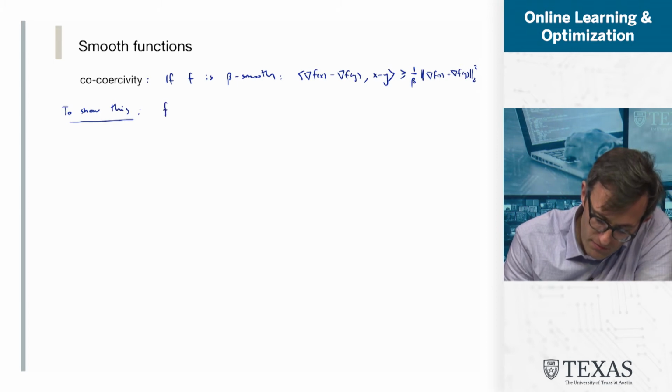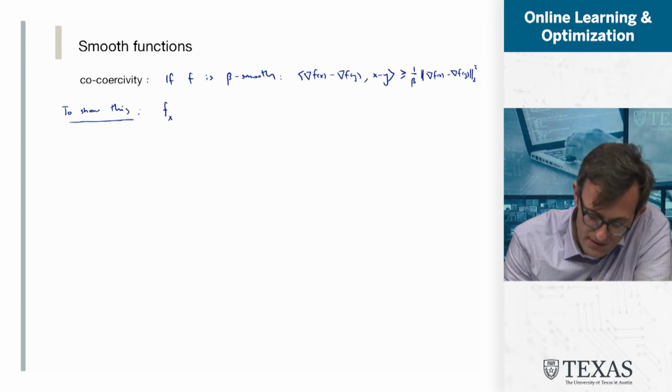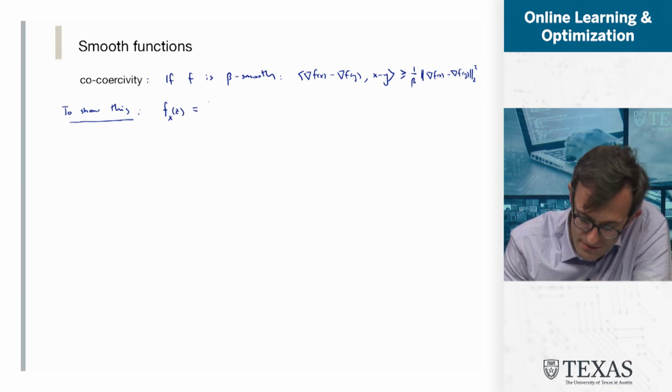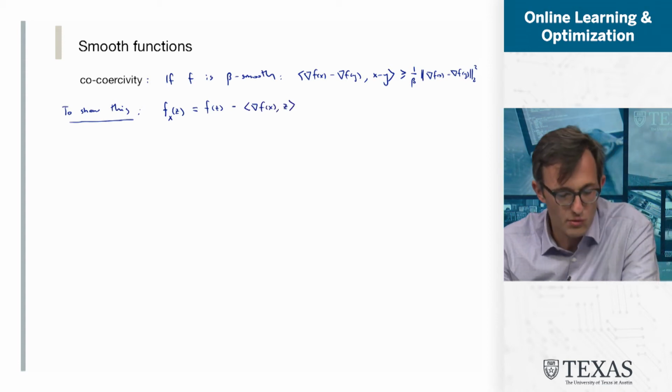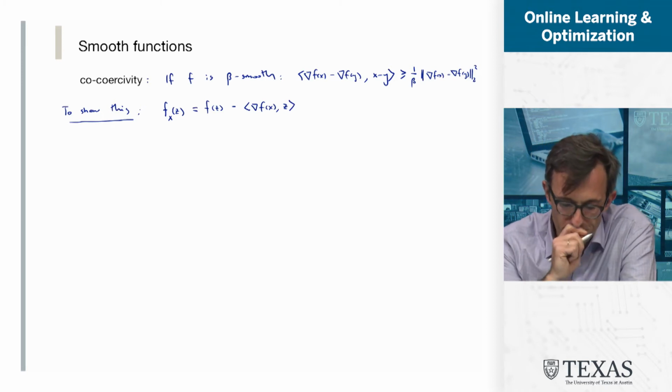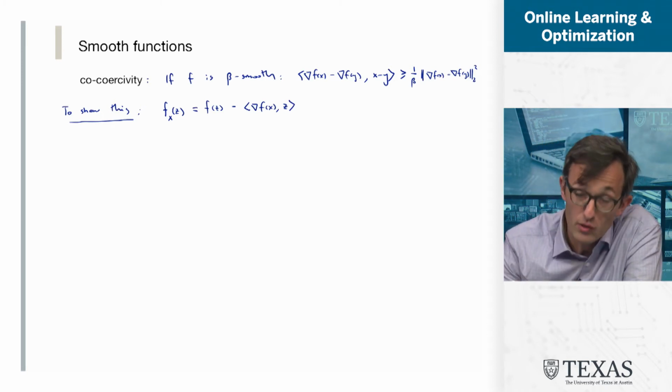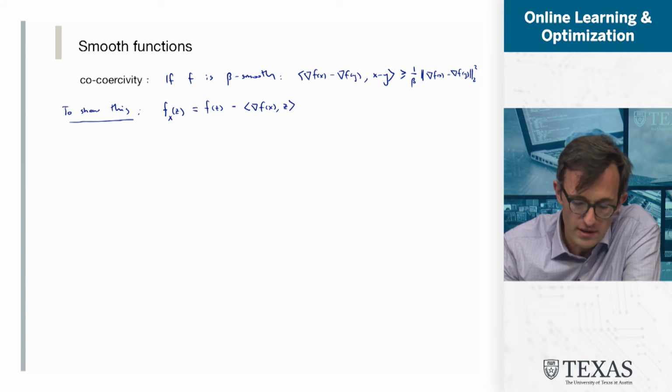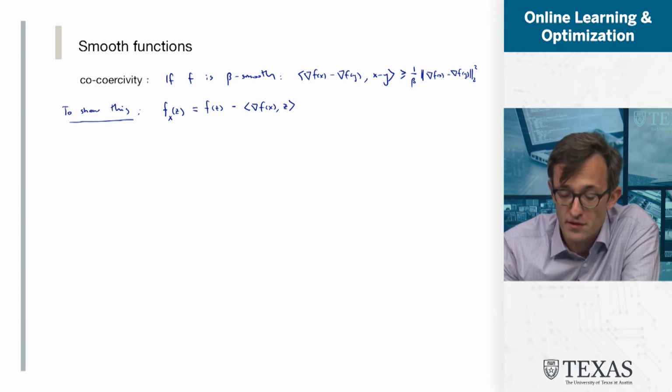Look at the function f sub x of z that I'm defining as f of z minus the gradient of f of x dot z. So what do we know about this? Well, note that the optimal solution is z equals x if I want to minimize this function.